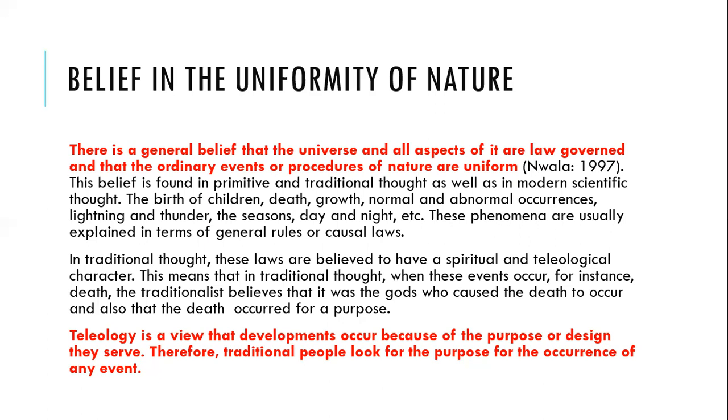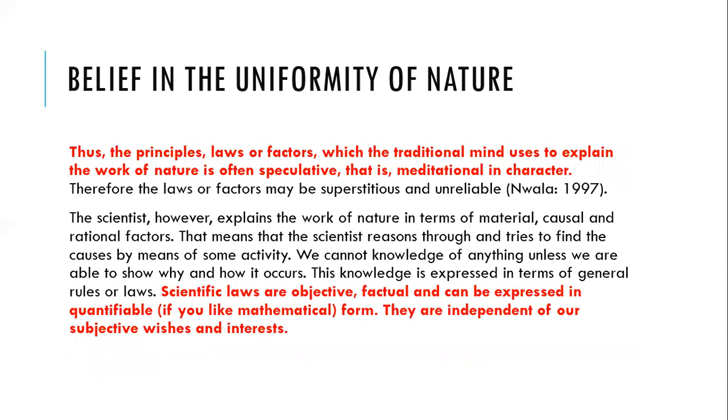Maybe somebody died or something happened, or a child was born with a mark, and you see people trying to investigate what this sign means. So the principles, laws, or factors which the traditional mind uses to explain the work of nature are often speculative. It is meditational in character. Therefore, laws or factors may be superstitious and unreliable.